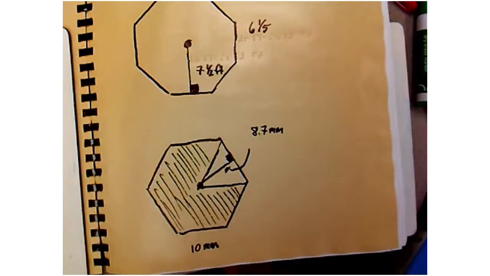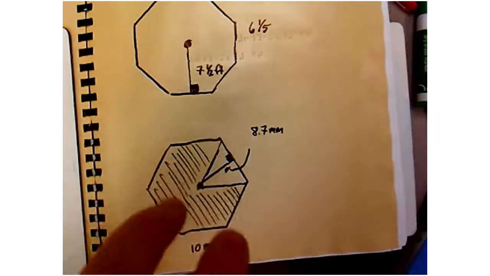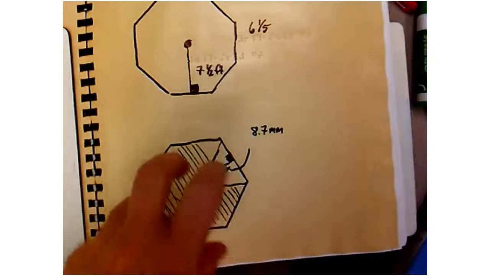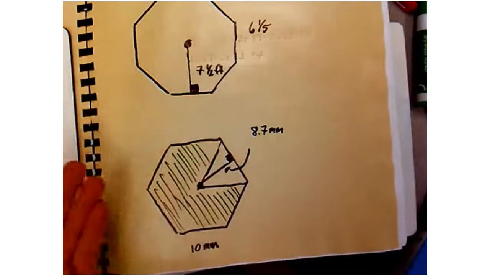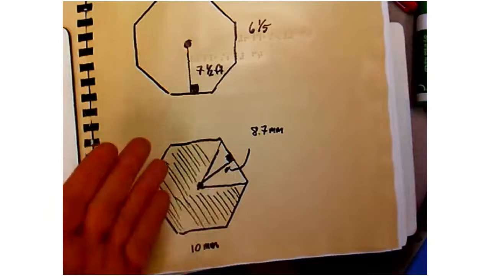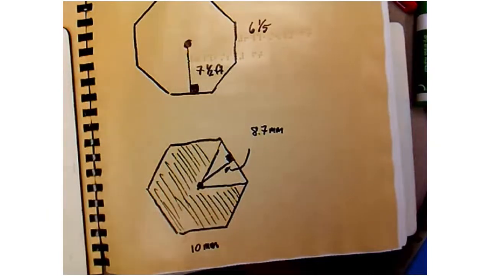I'm going to growl at all of you. You are turning your brains off. You're back in middle school just waiting for the teacher to tell you what to do next. You're not thinking for yourselves. Why are we finding 1/2 of the apothem times perimeter? That's not the area of the shaded region. It's not the area of the unshaded region. Why are we finding that? Because of what, Abby?